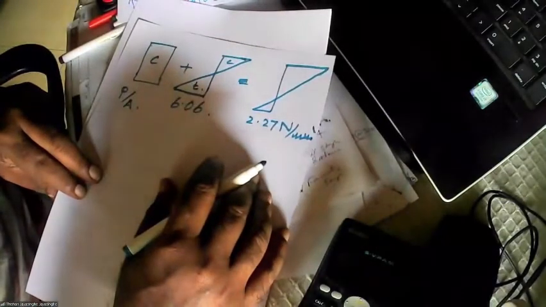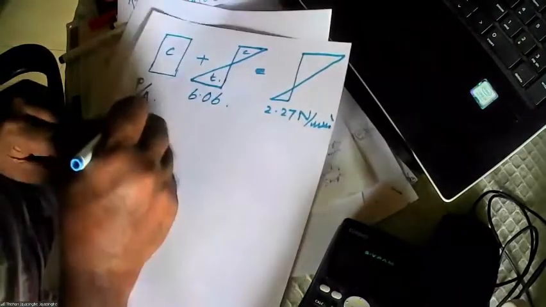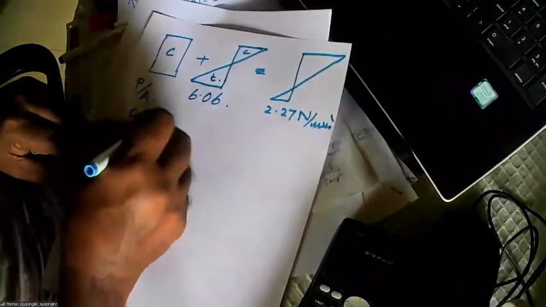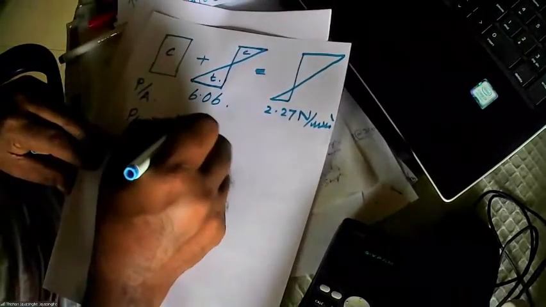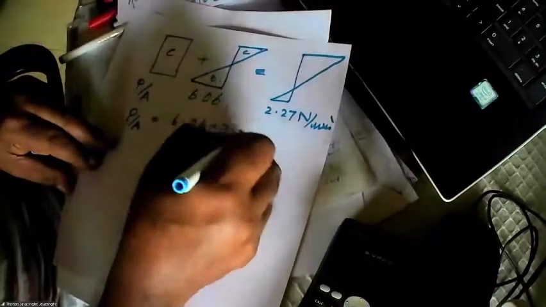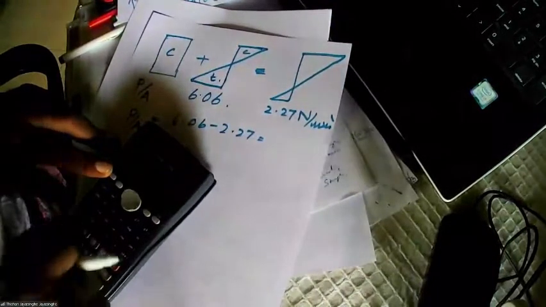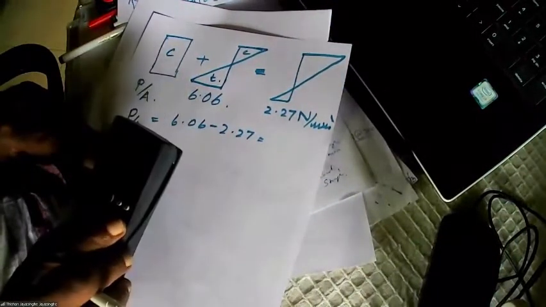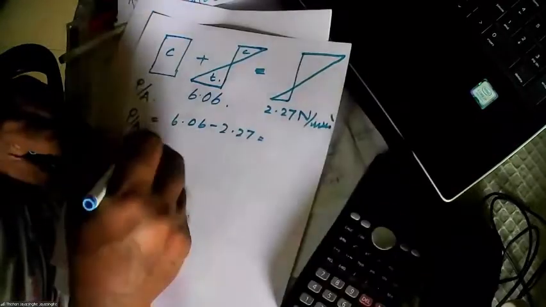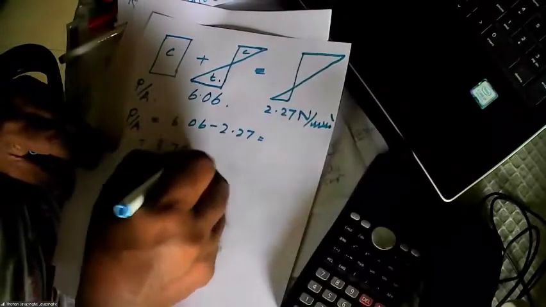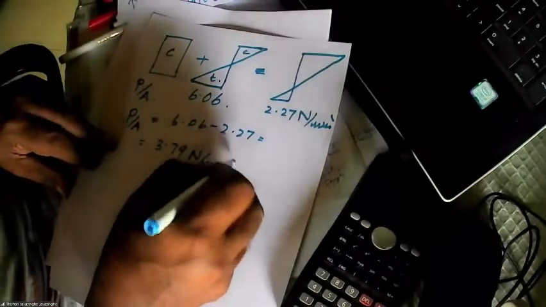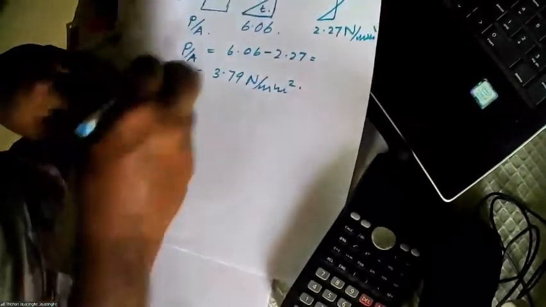And so what is P over A? P over A is equal to 6.06 minus 2.27. What is the value? 3.79. What is P then?